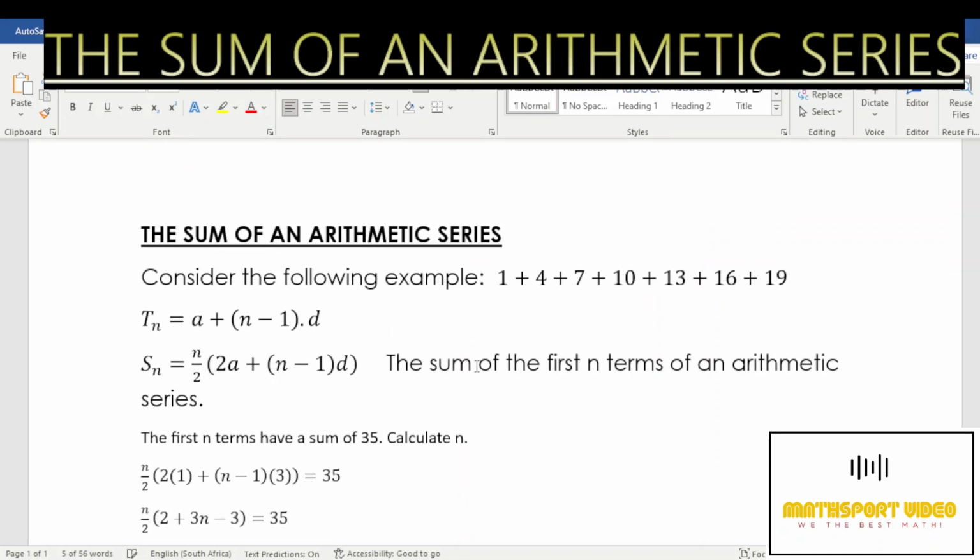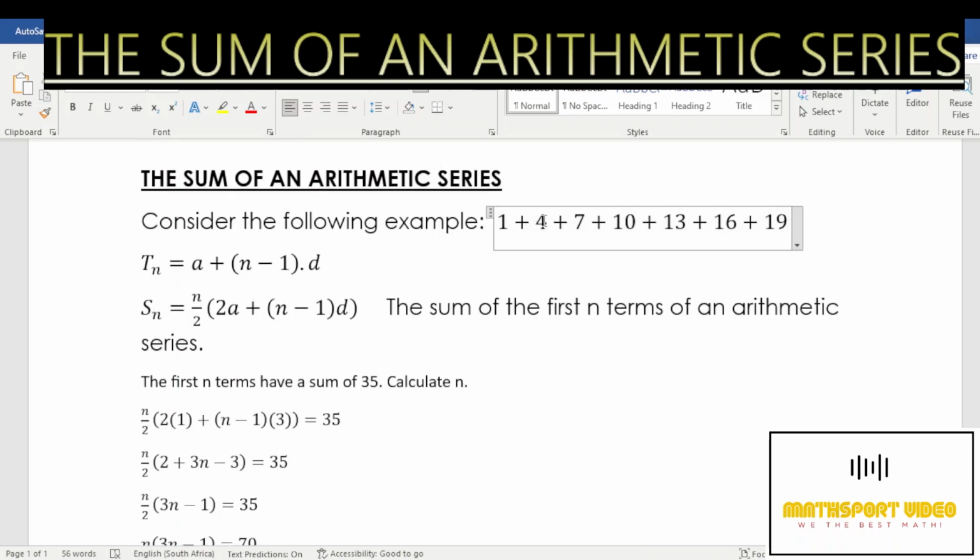Okay, which makes sense because when we add the first 5 numbers, you can check it for yourself. Do we get 35 or not? Okay, let's take a look. 1 plus 4 is 5, plus 7 is 12, plus 10 is 22, plus 13. Yes, indeed, it does equal 35.